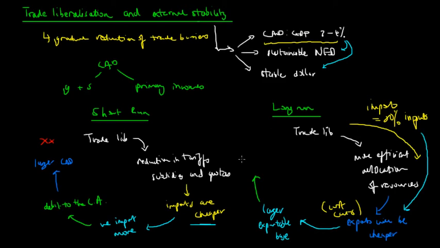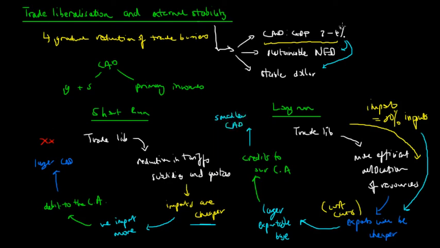The result of that is increased credits to our current account. Let's make that a little bit clearer. Current account, CA. So with credits to our current account, this would lead to a smaller current account deficit.